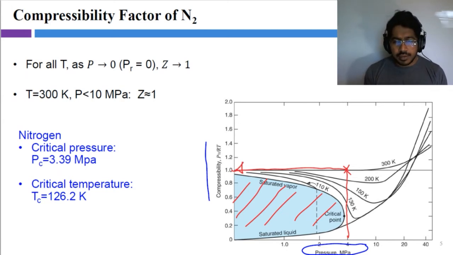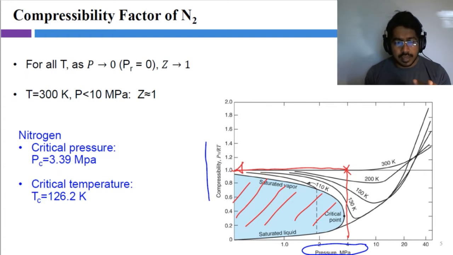But can we use this graph to find the compressibility factor of oxygen or methane or nitrogen or something else? We cannot, right? Because this is developed for nitrogen. This is not generic, right? So it's like different gases have different characteristics.